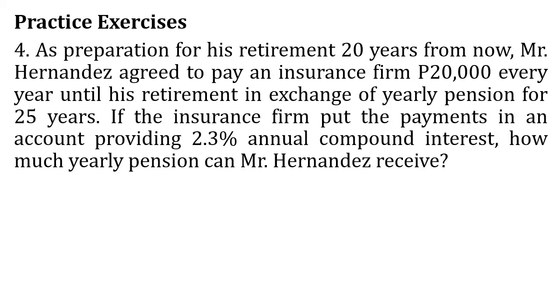For number 4, as preparation for his retirement 20 years from now, Mr. Hernandez agreed to pay an insurance firm 20,000 pesos every year until his retirement in exchange of yearly pension for 25 years. If the insurance firm put the payments in an account providing 2.3% annual compound interest rate, how much yearly pension can Mr. Hernandez receive?